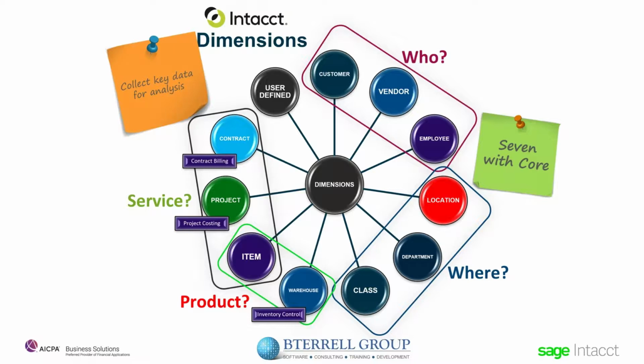There are 7 different dimensions included with the core applications, and then there are 3 others that are added with additional modules. Also, users can take advantage of user-defined dimensions if they are needed as an add-on. There are unlimited number of dimensions, in fact, that can be brought to bear in your accounting system.